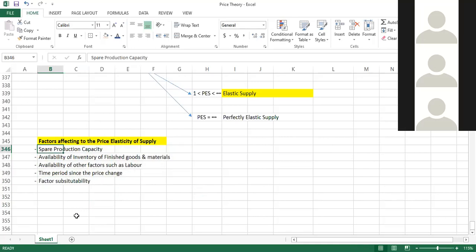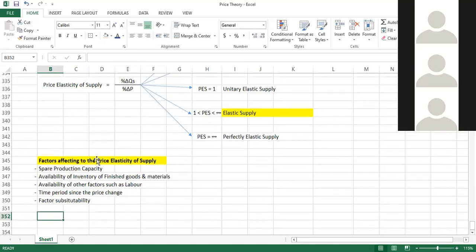Whether spare capacity is there, whether inventory of finished goods and materials is there, whether it is possible to find required other factors such as labor, capital, and what is the time period. Generally in the short run supply will be inelastic, but in the long run it may be more elastic. Then the other thing is factor substitutability. So these are the key factors that affect the price elasticity of supply.